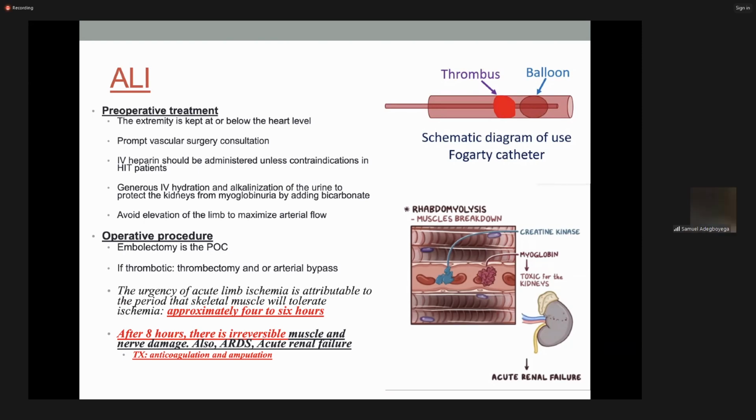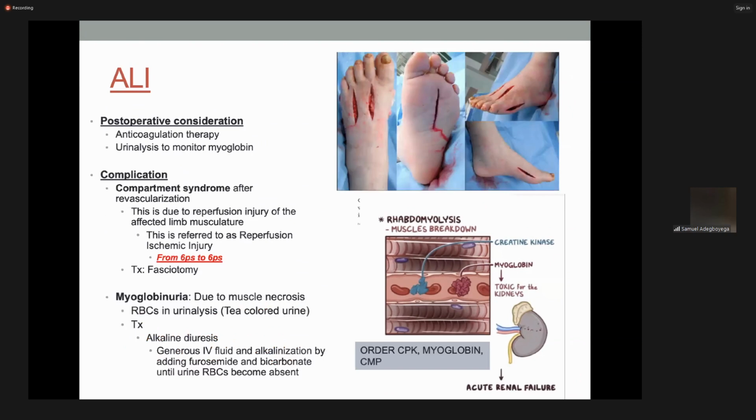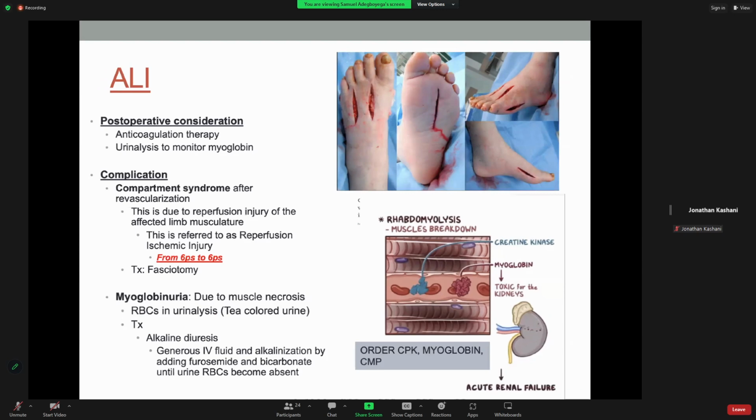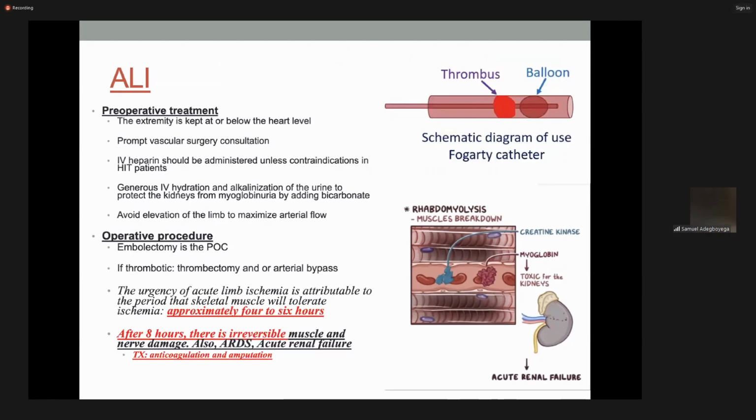Can you also order urinalysis on these people? Yes. Okay. And what kind of color will you see? Coca-Cola. That's right. Does that make sense? And when you see the Coca-Cola color, or what they call the tea colored urine, are you suspecting possible acute limb ischemia?